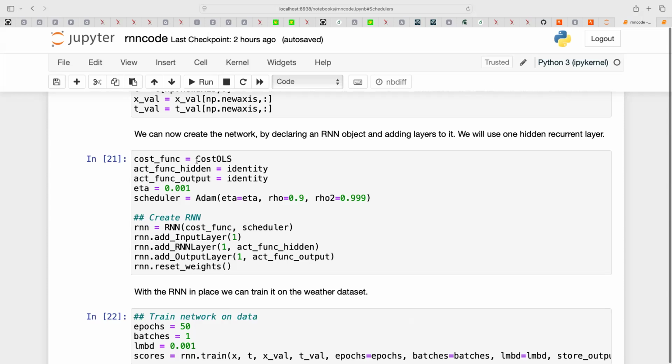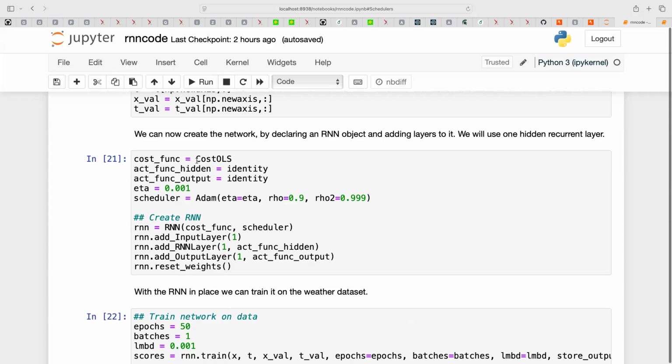The activation function for the hidden ones is the identity function, which is normally used when you want to output data where you're fitting a function. For the scheduler, we use Adam, and there you see the learning rate, which is 10 to the minus 3. We create the neural network: you call the function RNN, you add the input layer, and in this specific case we have one hidden layer and one layer for the output, and then we reset the weights.